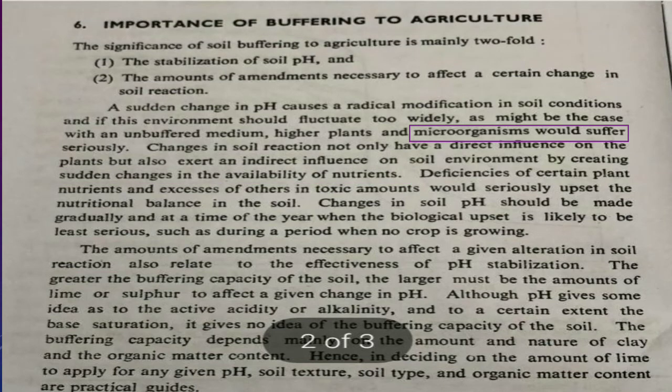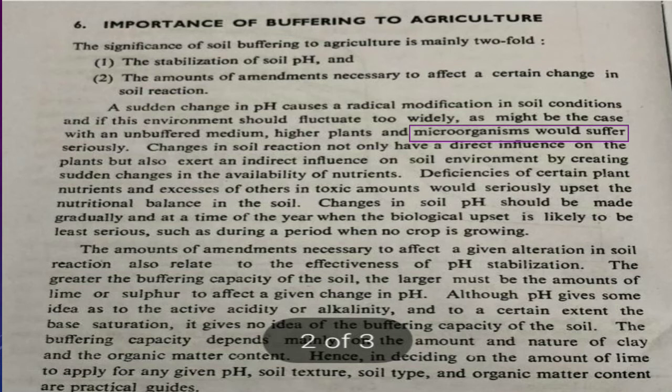Change in soil reaction not only has a direct influence on the plant but also exerts an indirect influence on the soil environment by creating sudden changes in the availability of nutrients.